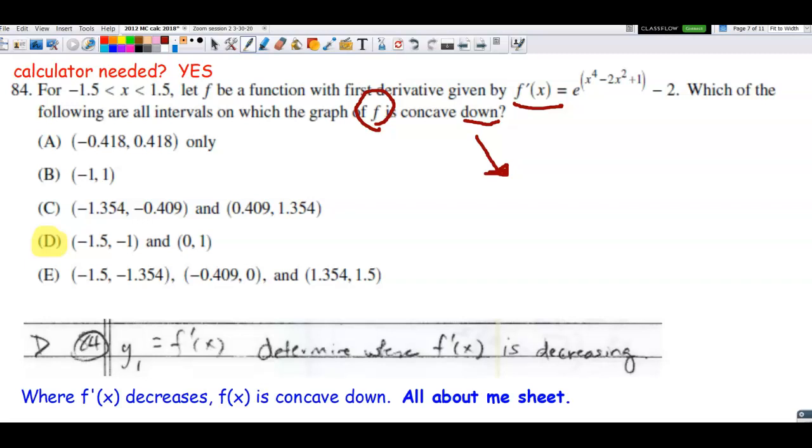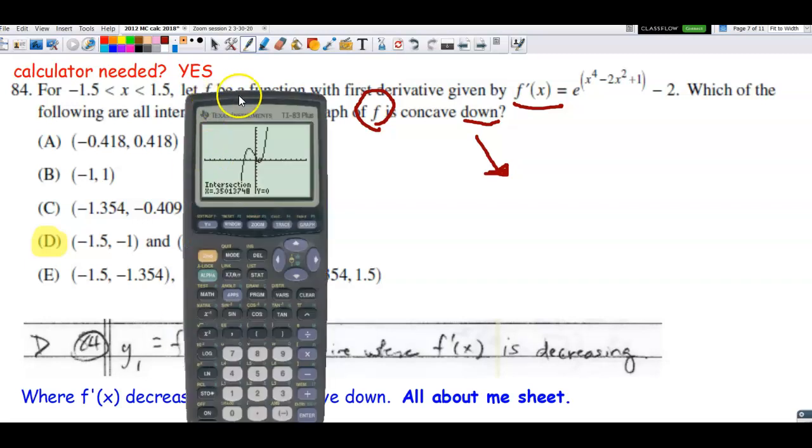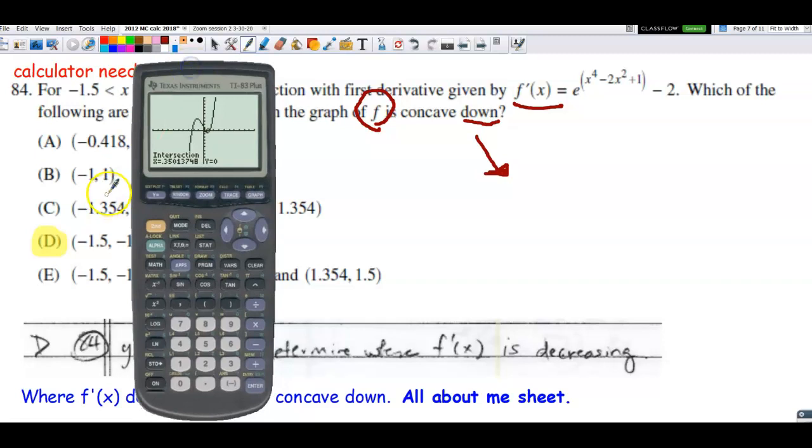So in this case, I'm simply going to put in y1, clear that out, e raised to the x to the 4th minus 2x squared plus 1, close that parenthesis, minus 2.